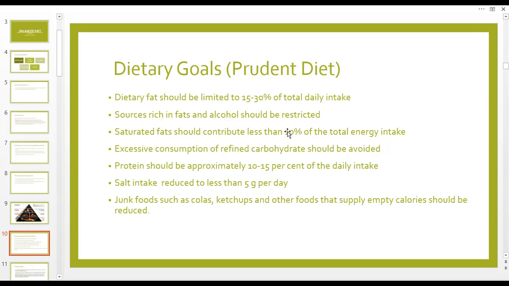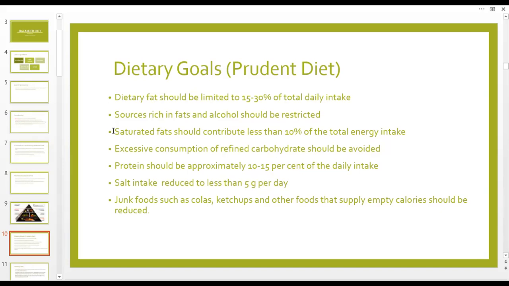They suggest that dietary fat should be limited to 10 to 30% of total daily intake, as a diet high in fat is related to ischemic heart disease, coronary heart disease, and other non-communicable diseases. Sources rich in fats and alcohols should be restricted.